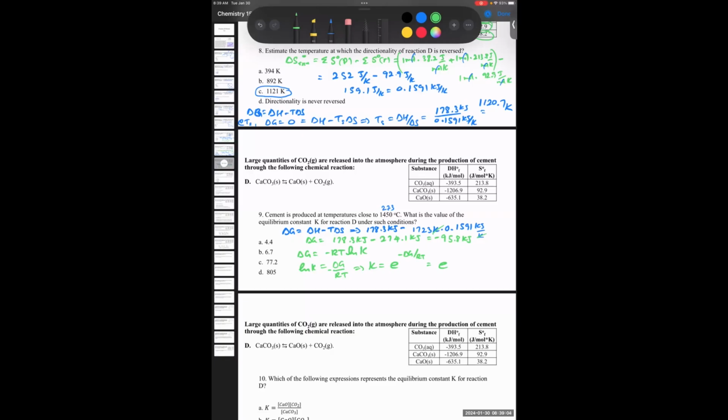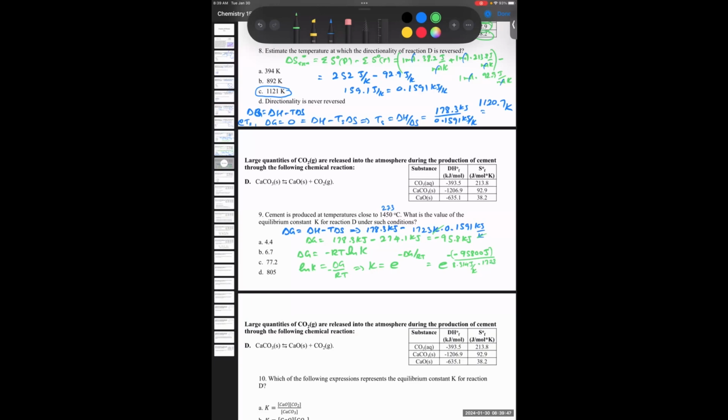So this is a negative value over here. Okay, so negative times negative 95800. I just multiply by 1000 to make it joules. Joules divided by R, which is 8.314 joules per mole per Kelvin, and then multiply this by the temperature, which is 1723.